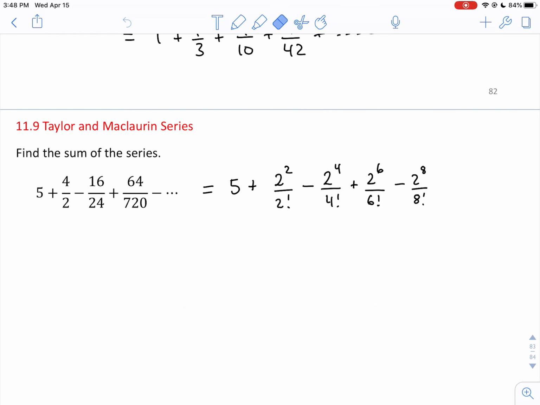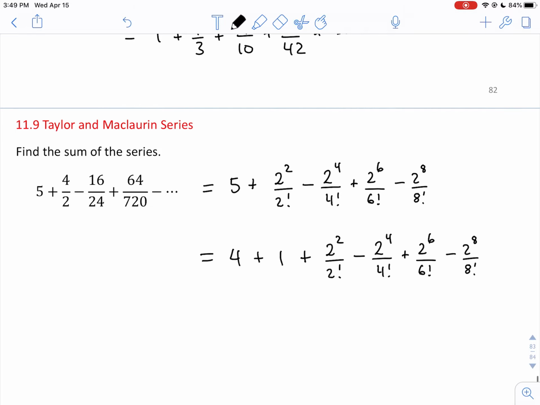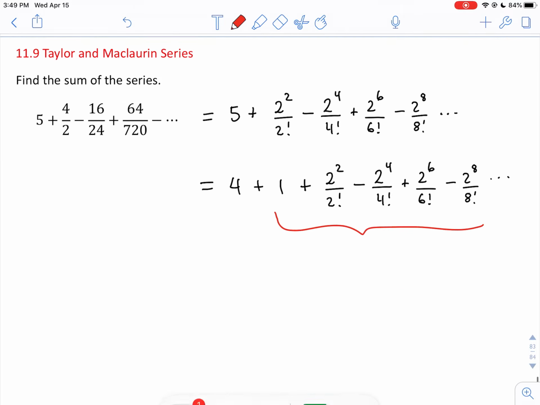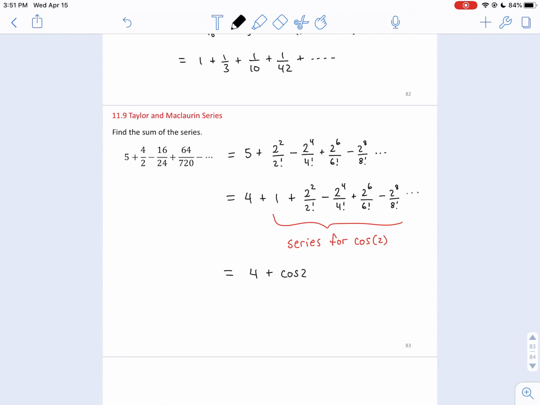Let's get a 1 there. Let's just pull apart that 5. 4 plus 1 plus, and then the rest of this. From here on, that's just the series for cosine of x, but specifically when x is 2. Oh, wait, I just recognized a mistake. We have an issue here. The signs are not alternating in the correct way because it starts positive 1 and goes positive, and then it starts alternating.